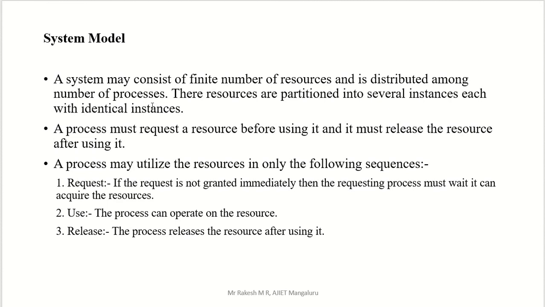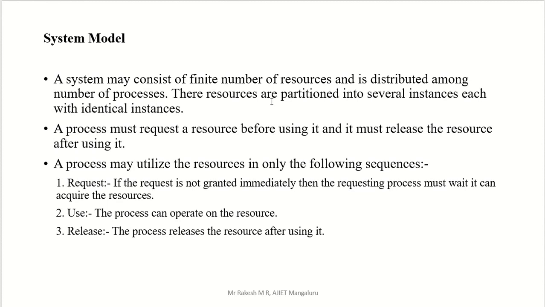Number of resources, that is one resource. If A, B, C are 3 resources, A is a printer, B is a scanner and C is a CPU or RAM. A having 10 instances means we have 10 printers. B having 3 instances means 3 scanners. C having 4 instances means 4 RAM, like this.